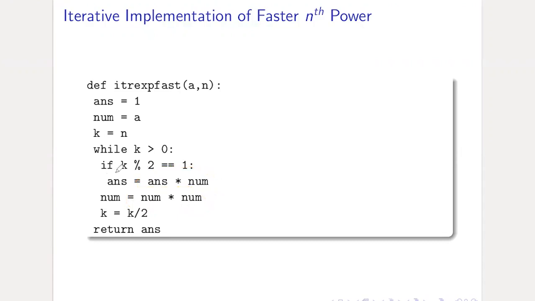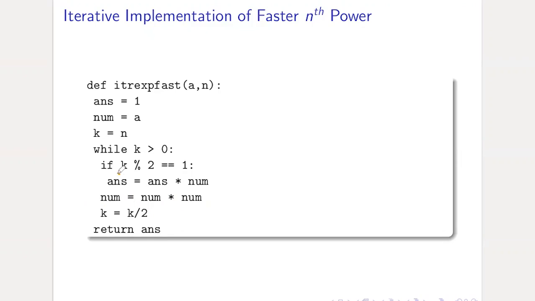Let me repeat again. If the k value is even, then when you divide by 2, the remainder would be 0. So the result is directly the multiplication of the number by itself, so the half value multiplied by half value.